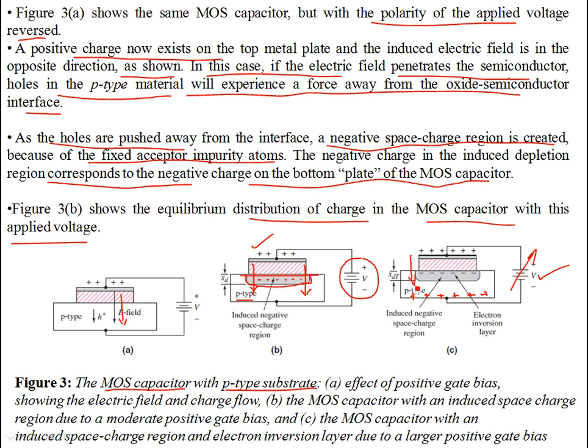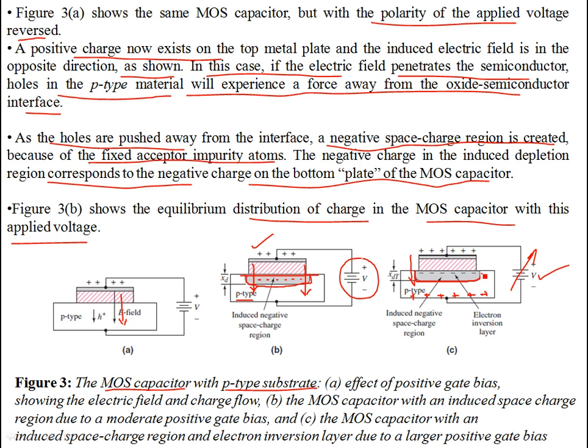And as the holes are pushed from the interface, a negative space charge region is created, because the fixed acceptor impurity atoms accept the charges, and there will be a depletion region.